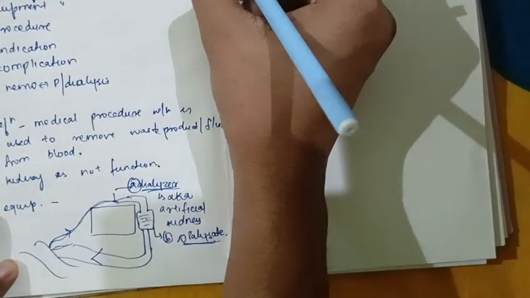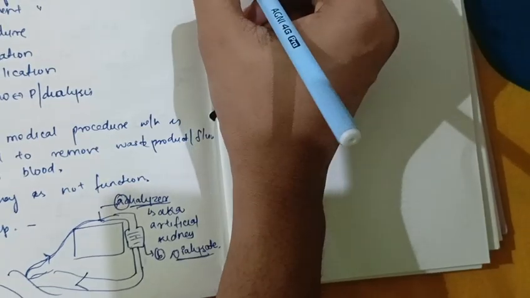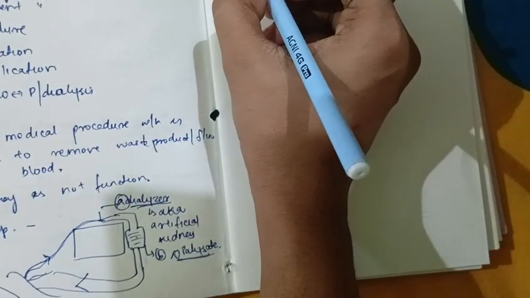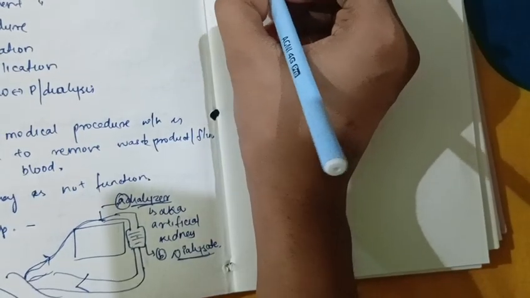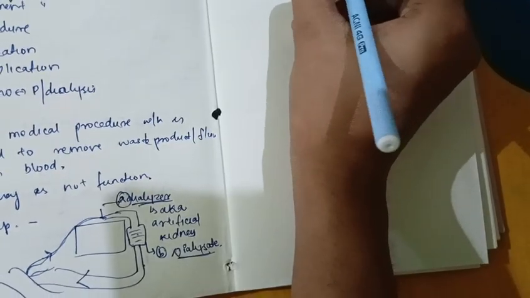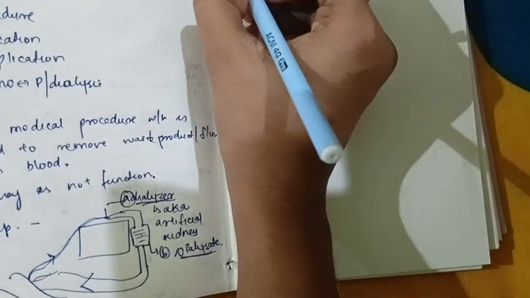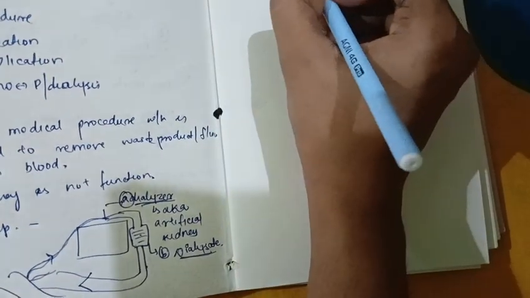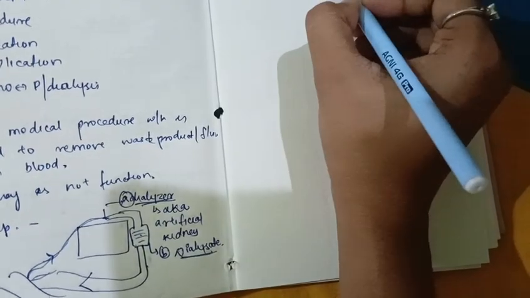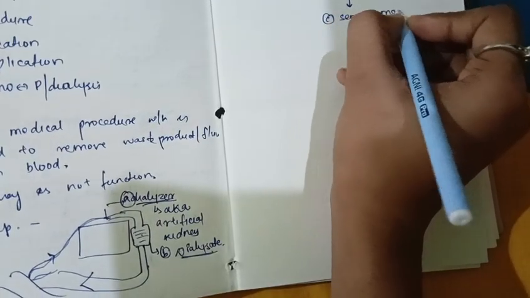Now what is the basic principle and procedure? In hemodialysis, the blood is removed from the body. Then the blood goes to the dialyzer. In the dialyzer, semi-permeable membranes are present.